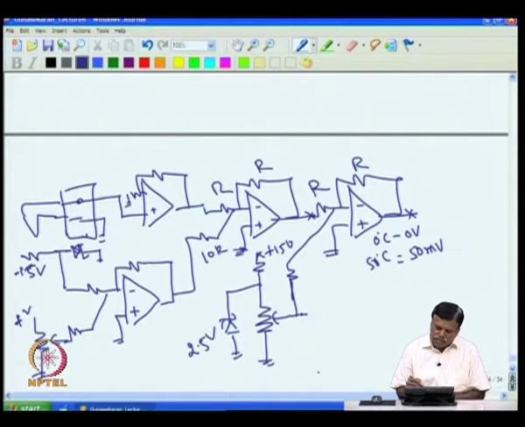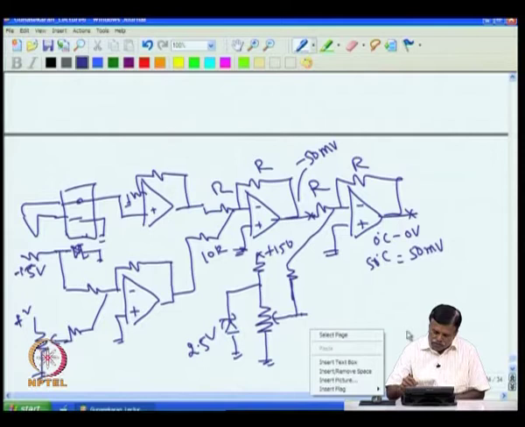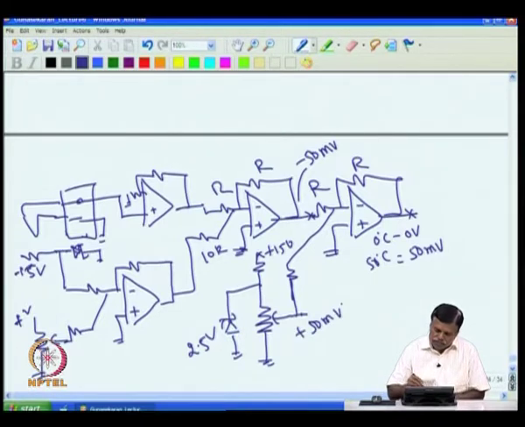If you see, say at 50 degree C, as we said, this gives me minus 50 millivolt. Suppose I want to stabilize the temperature at 50 degree, then I give here also plus 50 millivolt. Assume this is also R. So if I set this to plus 50 millivolt, and if the actual temperature is also 50 degree, then this will give me minus 50 millivolt.